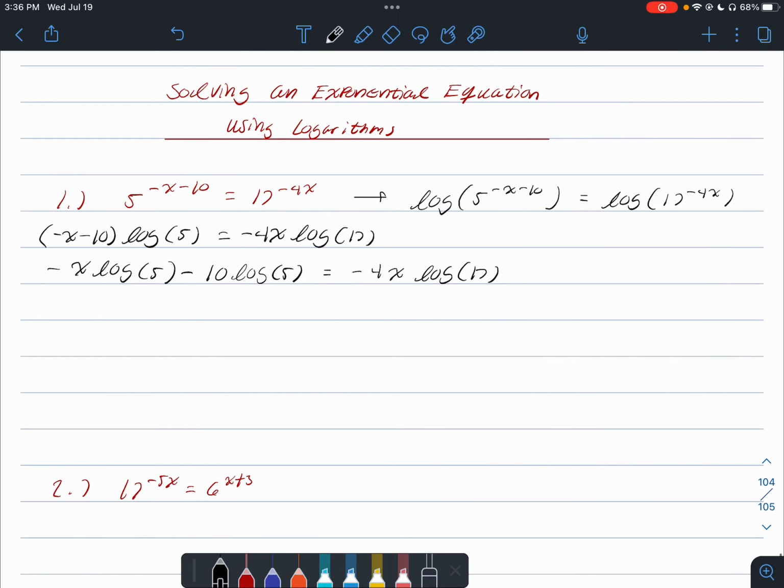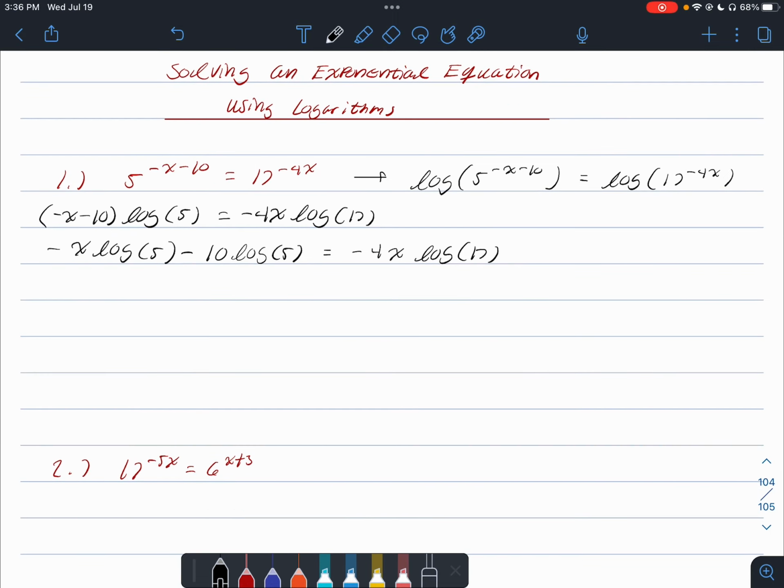Okay, so let's see if we can isolate all of the x's on one side. So we can go ahead and add 4x log 17, and we could also add 10 log 5.